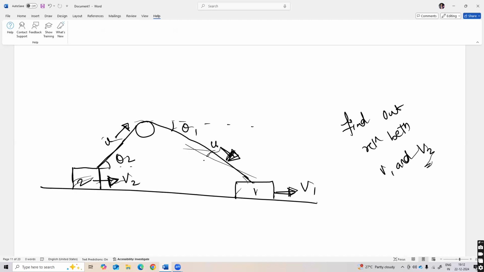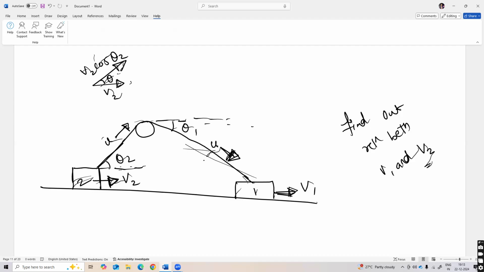So now we have v2, and this angle is theta 2. So the component of v2 along this direction can be given as v2 cos theta 2, whereas this angle is given as theta 1.